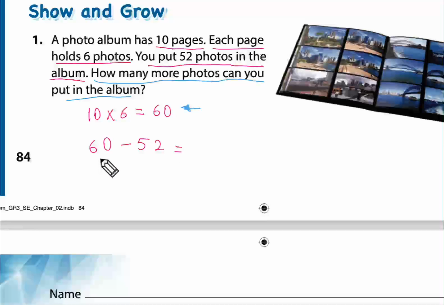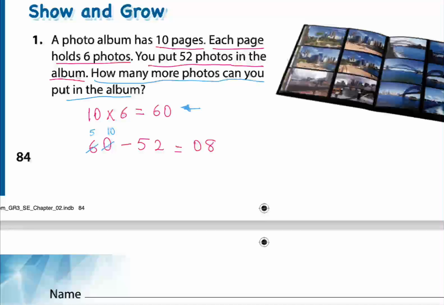So let's subtract in the ordinary way. 0 minus 2 cannot be done. So take 1 from this 6, it will be 5. And this 0 will be 10. 10 minus 2 equals 8. And 5 minus 5 equals 0.